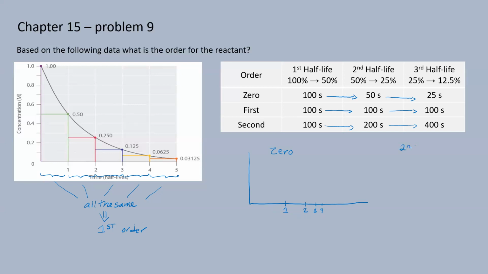If it's second order, if the first one is here, then the second one would be further, and then further, etc. They're getting further apart. But this question was looking at a first order.